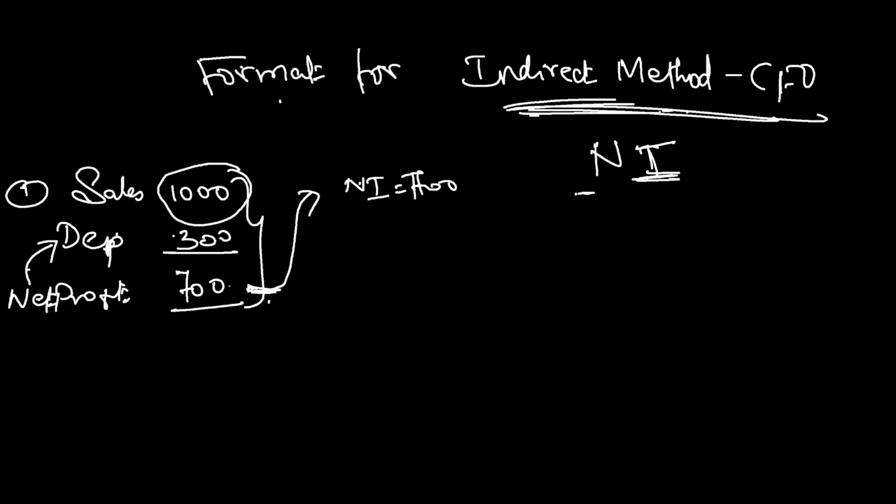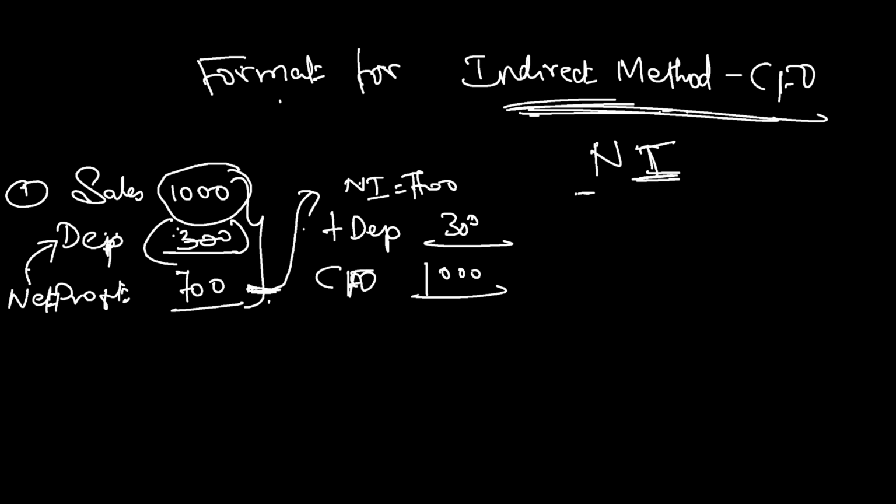Because here depreciation has been deducted, I will add back the depreciation. I'm just rectifying from the cash perspective. So I will have 1000 rupees in my hand. So this is cash flow from operations, 1000.